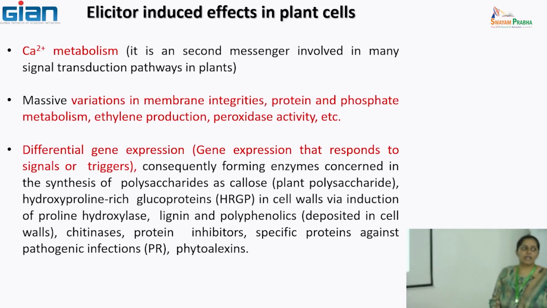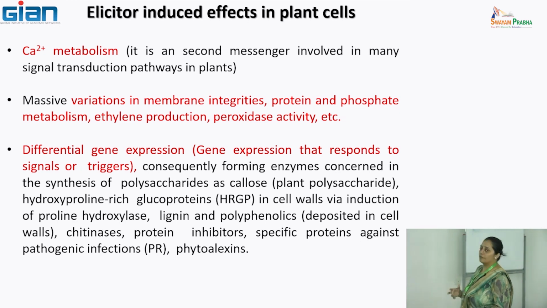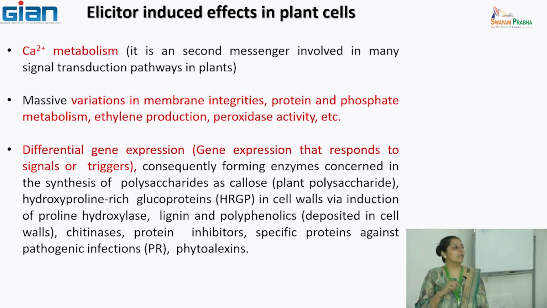Now, most of them are guided through calcium ions used as a second messenger. So, this was just a mechanism of action of elicitors. How do they work? There can be variations in membrane integrities or protein and phosphate metabolism, ethylene production, peroxidase activity. So, it's a signal cascade which runs through, which also involves your signaling molecules.